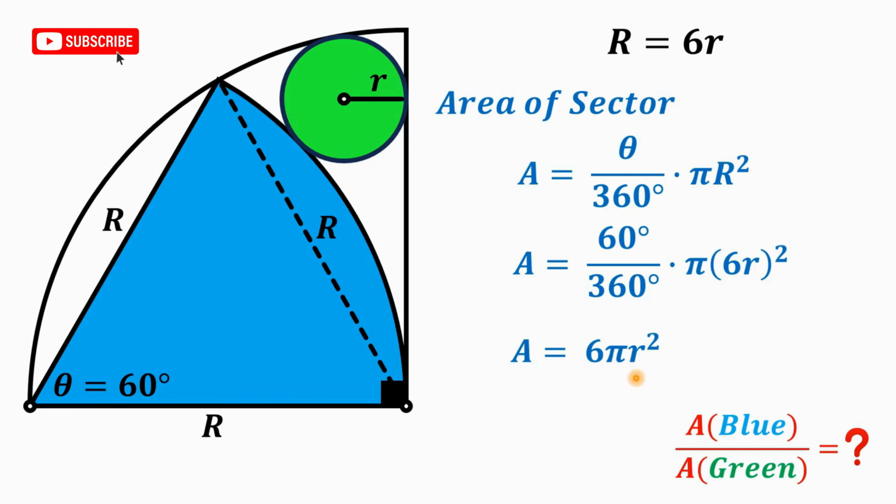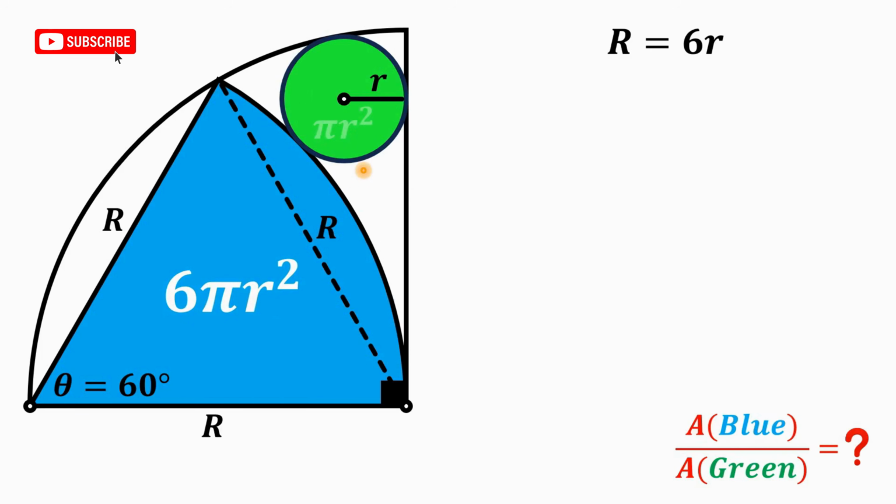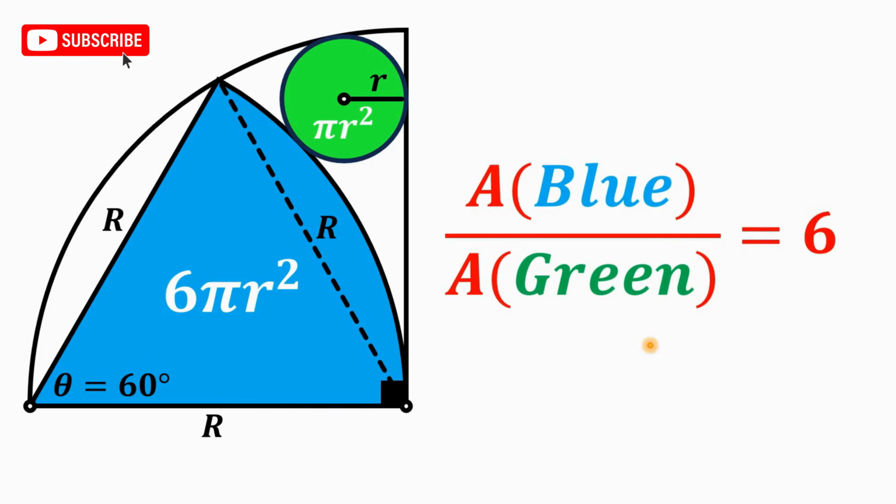This is the area of this blue shaded region. And also take note that we know the area of the circle. This is just pi r squared. In short, the ratio of the blue shaded region to the green shaded region is simply equal to 6. And that is our answer to this question.